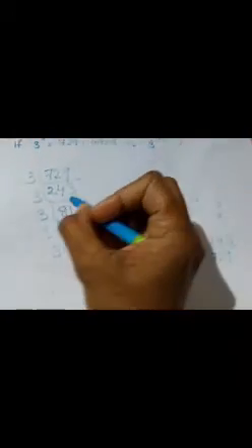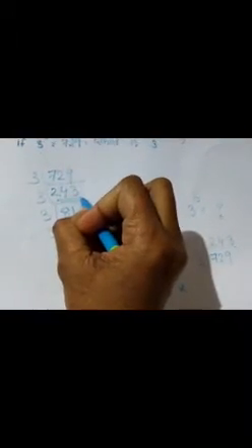Or look here, 3 raised to 6 is 729. If we remove this 3, then the answer should be 243. So 3 raised to 5 is 243. Is it clear?